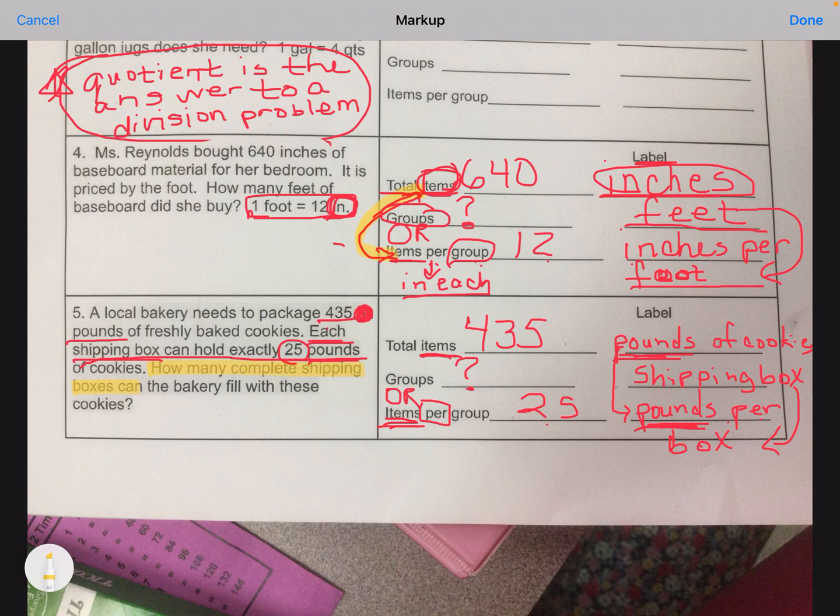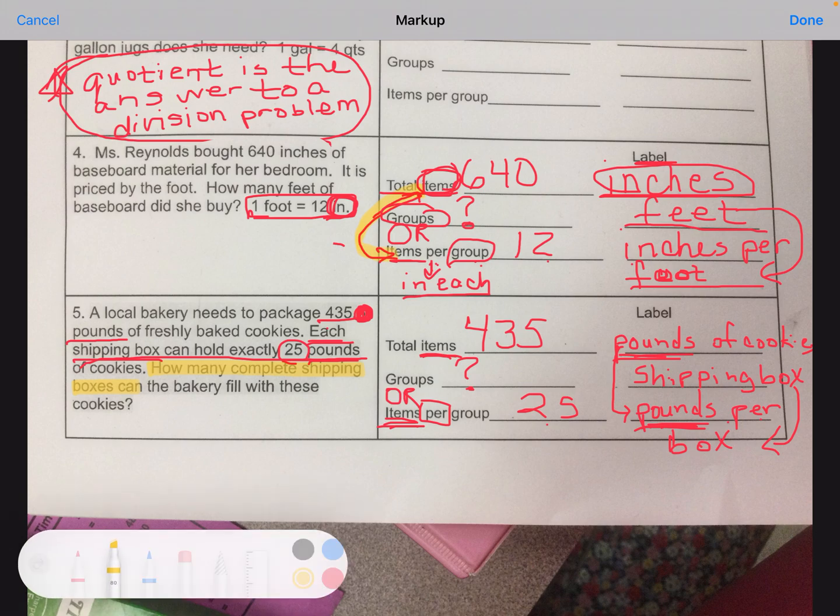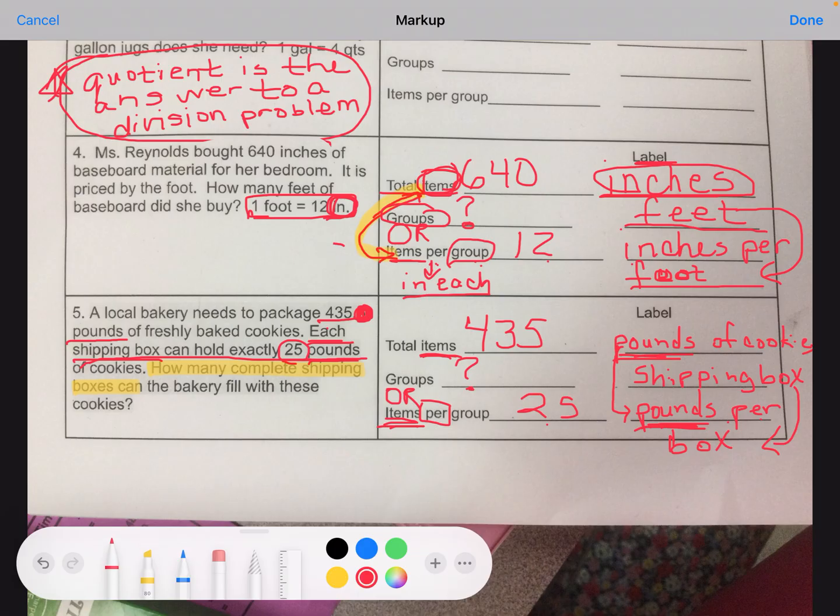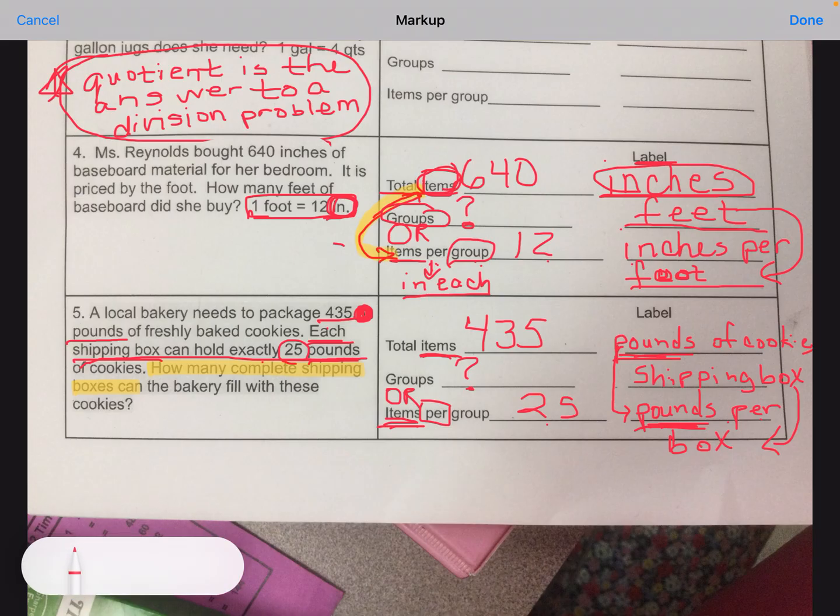Okay, so I want to work this problem with you because I see a word in this question that says the word complete here. I know it's asking me for boxes that have all 25 pounds in a box. So let's divide this. I'm going to go ahead and write my problem out here.